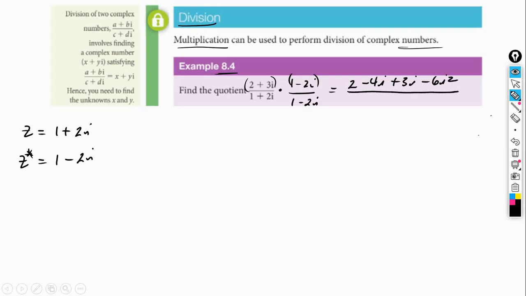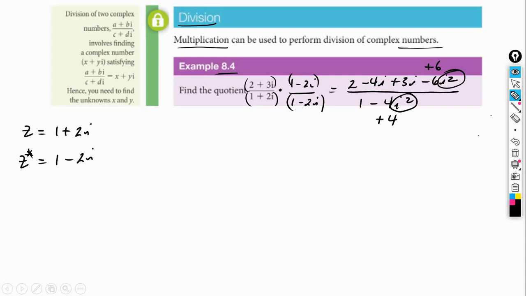And this over, and this is the interesting part, notice that if we multiply these two expressions, the denominators, it's a difference of squares, right? So this is 1 minus 4i squared. Now it's important to remember that i squared is negative 1. So that means that this is going to be plus 6, and this is going to be plus 4.